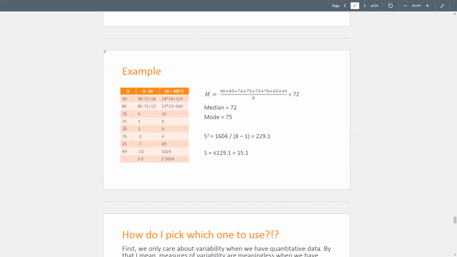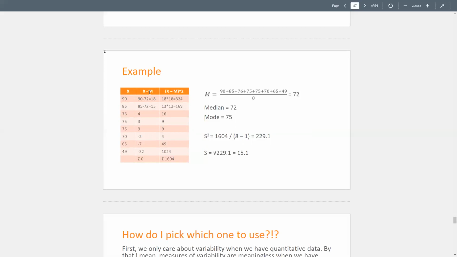We see that the median number is also 72. It looks like the median is 75. I should change that. So the median should be 75 here. So that's not right.